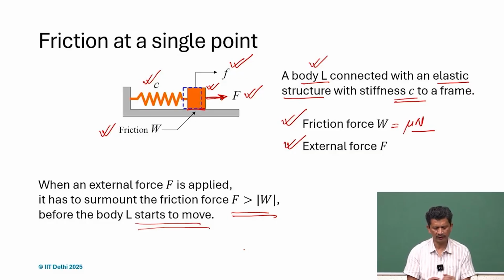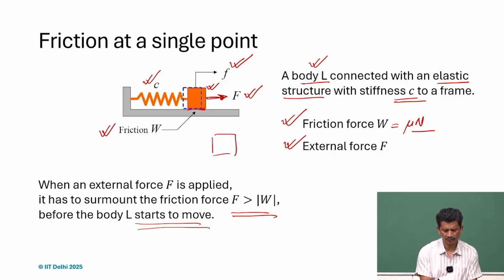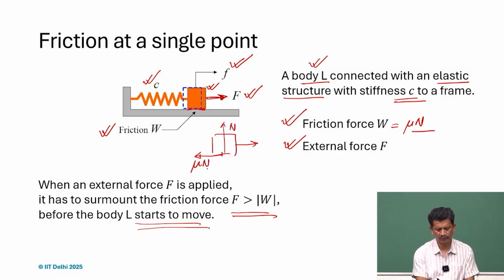So I think it's very easy to understand, and whenever we apply a certain force, if there is an N here, then mu N will be the force acting in this direction. But suppose there is no movement, in that case the friction force will simply readjust.